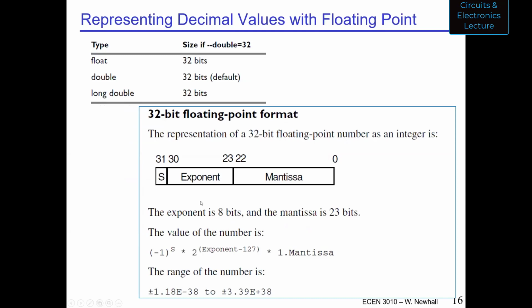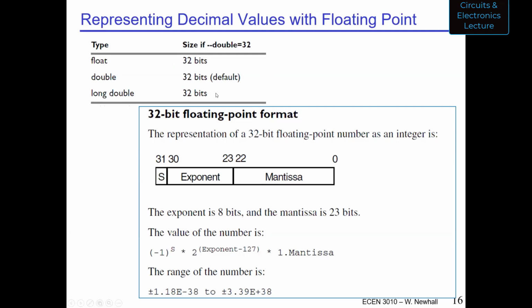Let's talk about decimal numbers, I should say fractional values. So typically, compilers and microcontrollers represent decimal values with floating point. There are some DSP, digital signal processing applications, that use fixed point, but it's more common, like MATLAB uses floating point, and usually when you program an Arduino with fractional values, it uses floating point.